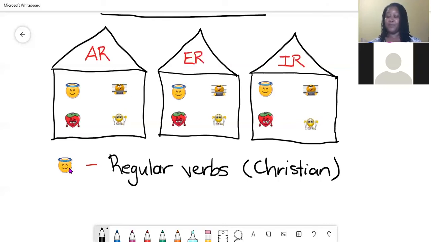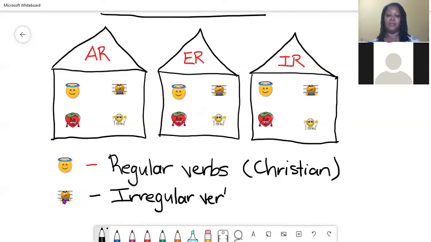Those are regular verbs. In each family, we also have what are called irregular verbs. And I like to call these criminal verbs.